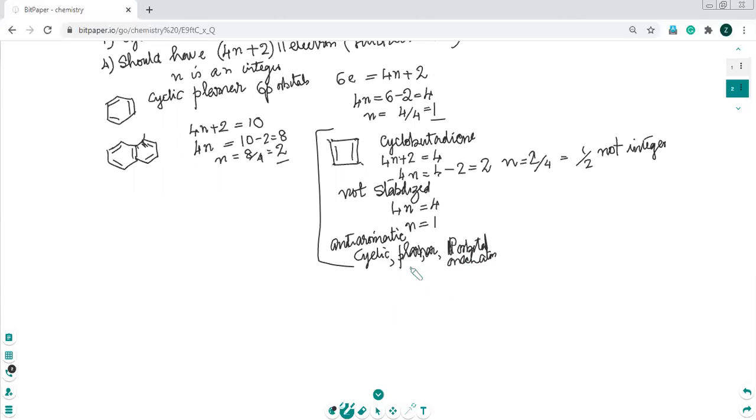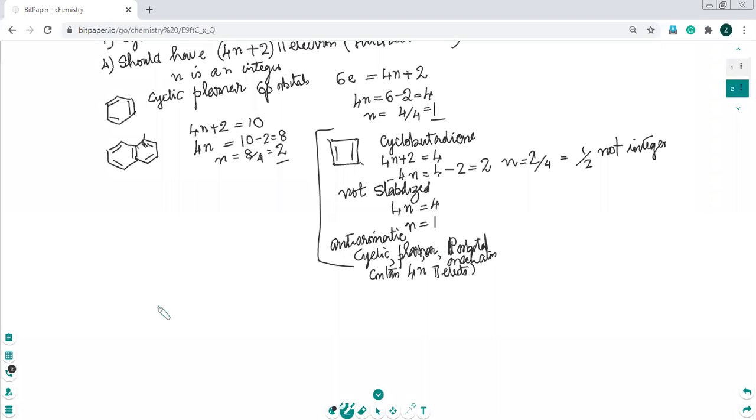And obeying the 4n rule, containing 4n pi electrons, such compounds are known as anti-aromatic compounds.